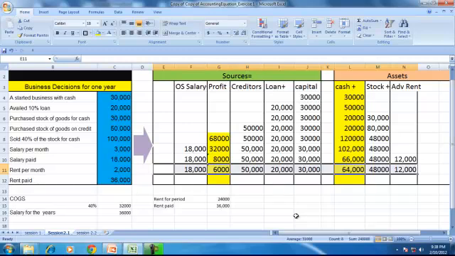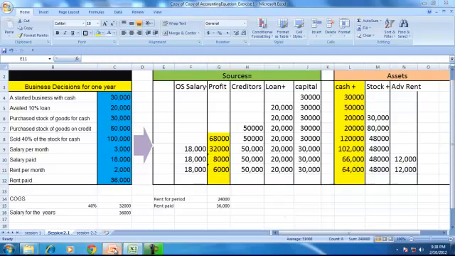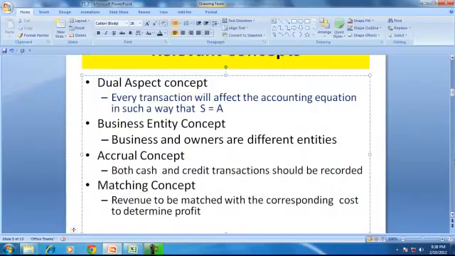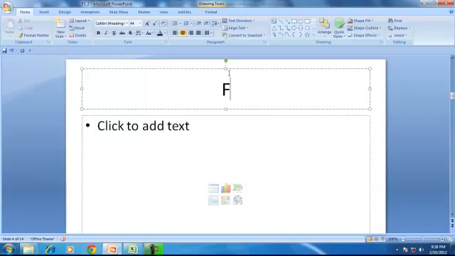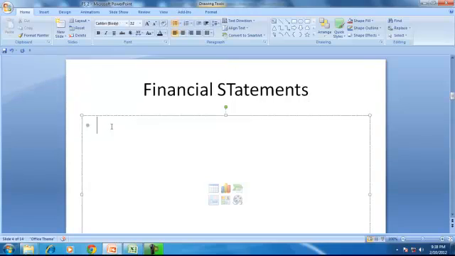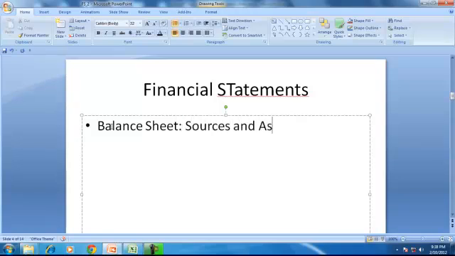When we prepare the financial statements, we'll see that at any point of time, the equation reflects the balance sheet. So, what are these financial statements? As we have already seen in the last class, the financial statements are the balance sheet, which will show the sources and assets on a particular date.